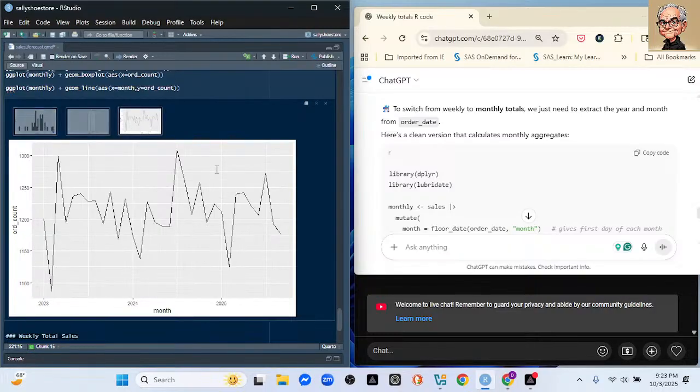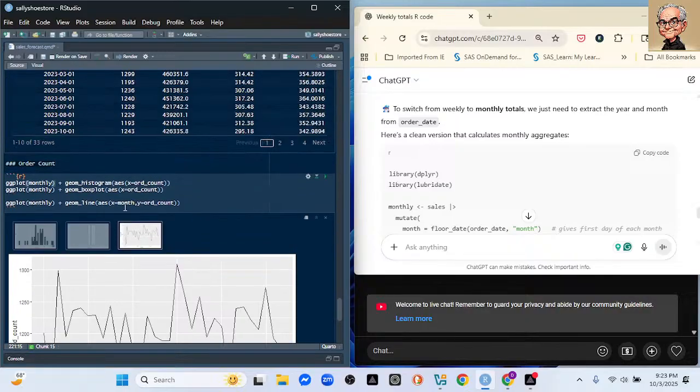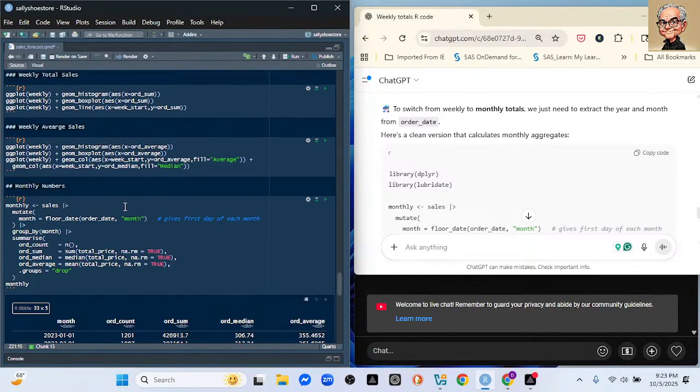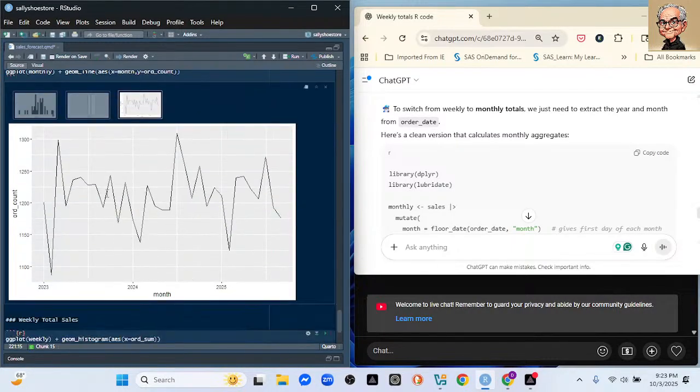Now, what about using this to, can we use monthly counts to try to do a forecast? That's the question.